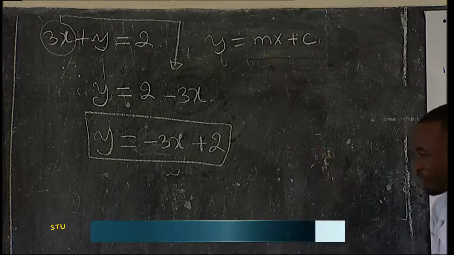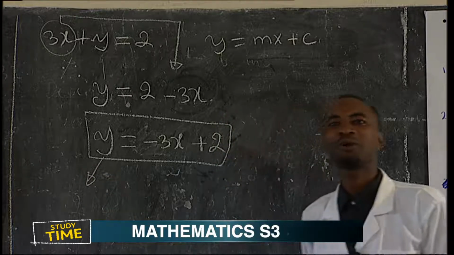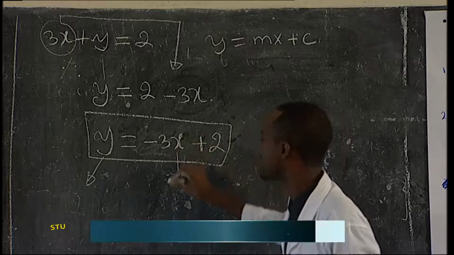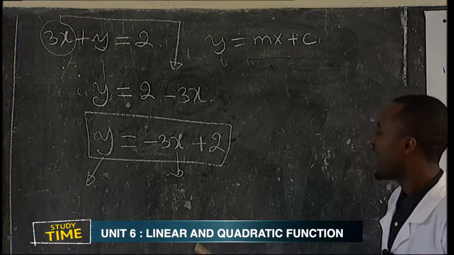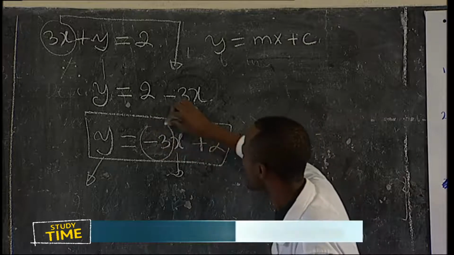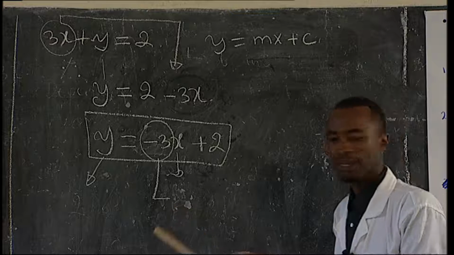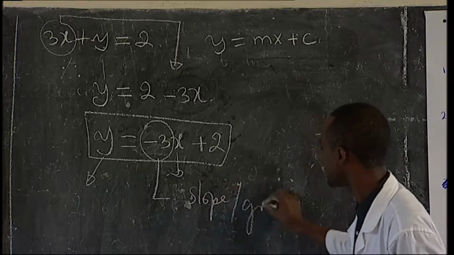You remember, we said this one is y, which is called the dependent variable. And this is x, which is called the independent variable, as I have explained before. And you need to remember what negative 3 stands for. This negative 3 is called the slope or gradient.